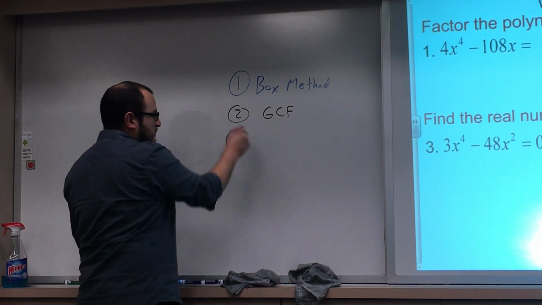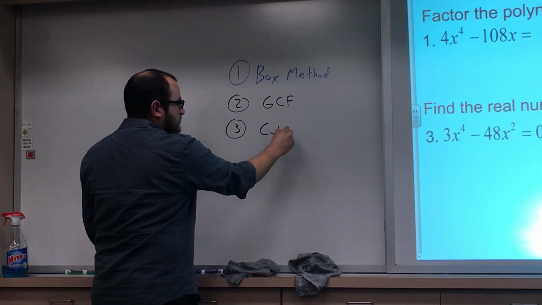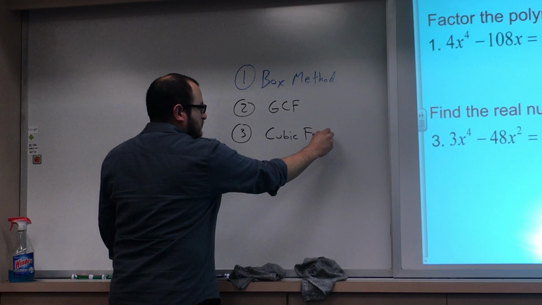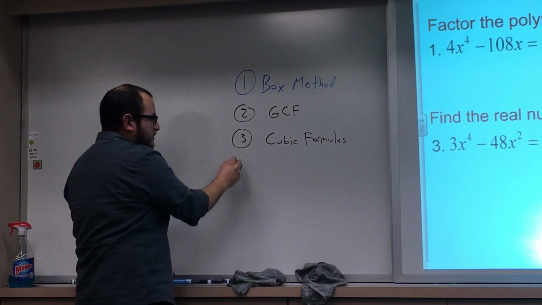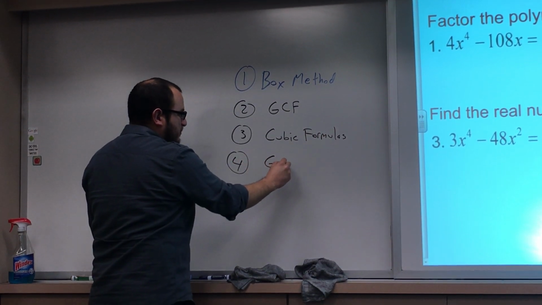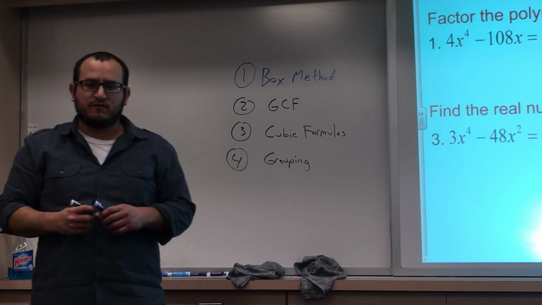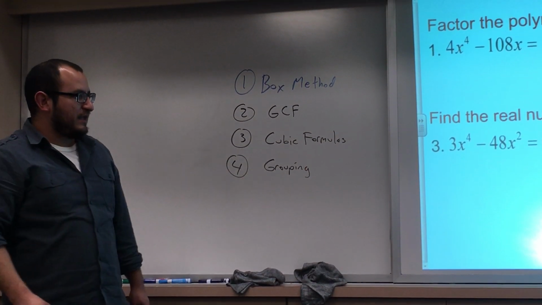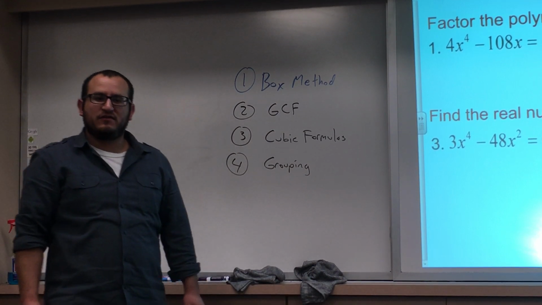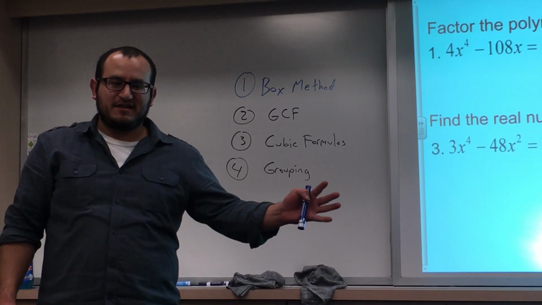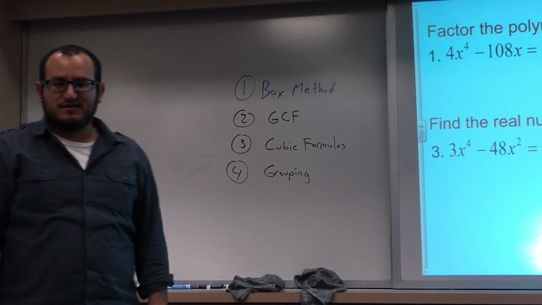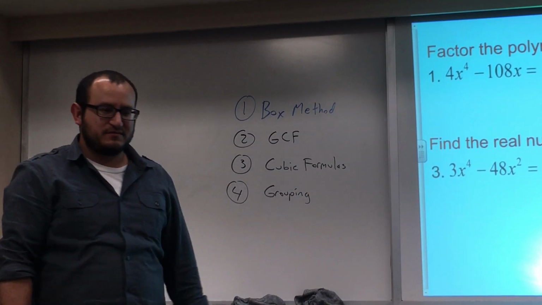Third one, cubic formulas. And then the last one is factor by grouping. Okay. And factor by grouping usually works with 4 terms. But again, like you've seen in the video in 5.4, I emphasize to just use the box method. But you should know in the back of your head how to use grouping.